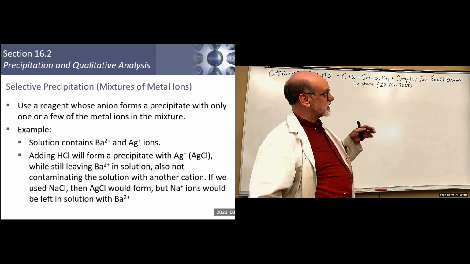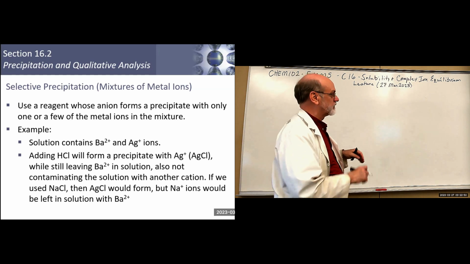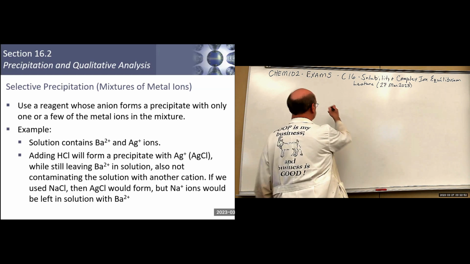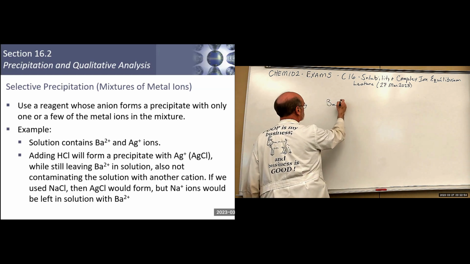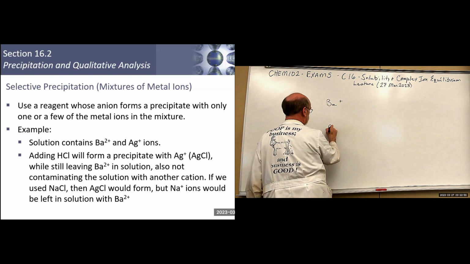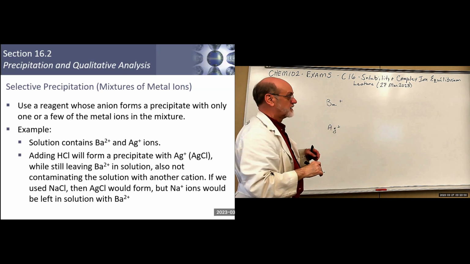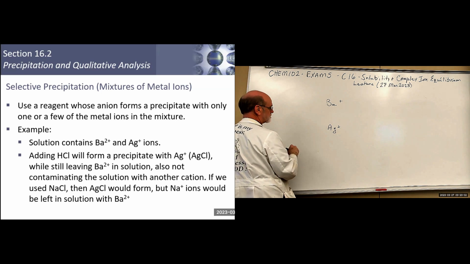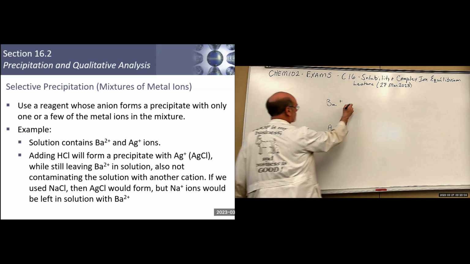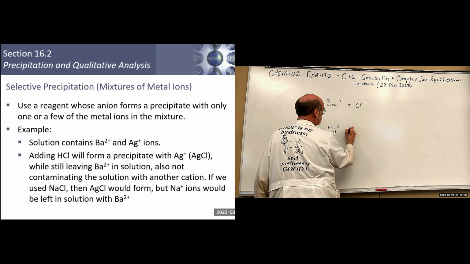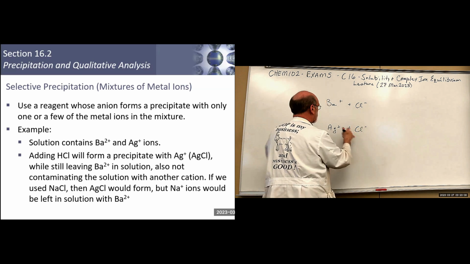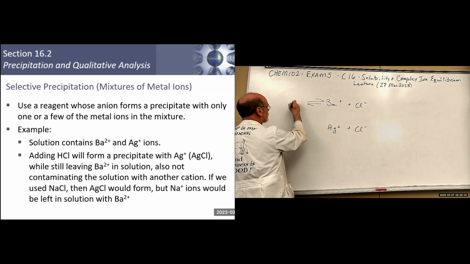Okay, so the example here is, say we have a solution of barium and silver. Right? What are we going to precipitate them with? Hydrochloric acid. The reaction then, I'm leaving out the aqueous part, produces barium chloride.